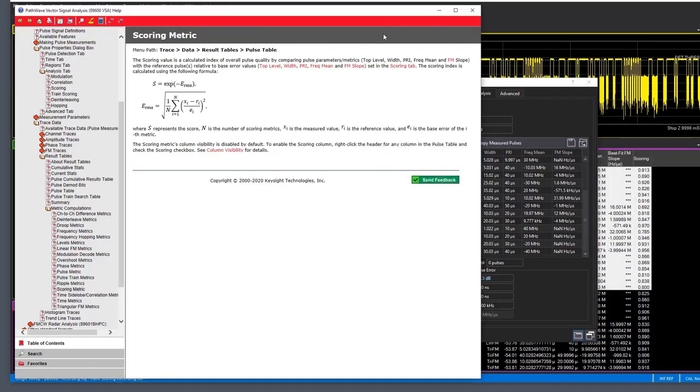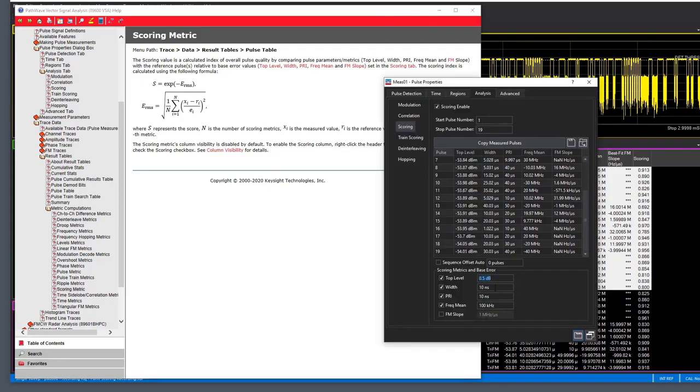And then e sub i is the base error. So this weighting factor is going to functionally adjust how large of an error you can tolerate, and how that's going to affect the overall score. So if you have a little bit of frequency error, do you want that to be highly impactful on the score? Or if you have a lot of frequency error, do you want that to be minimized in terms of the score?